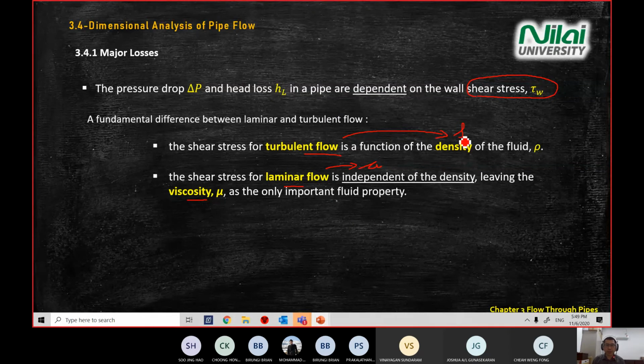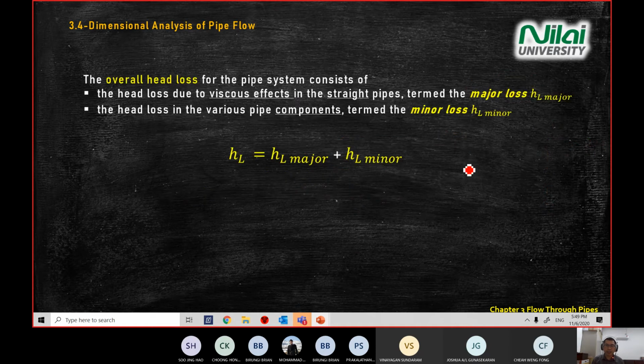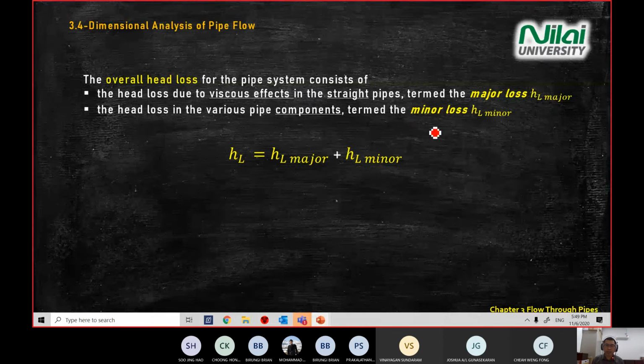This is about when you focus on major loss, HL major. This statement is for HL major that links up with shear stress. These two statements only apply to major head loss, HL major. And just now the slide told you that major loss is due to viscous effects.